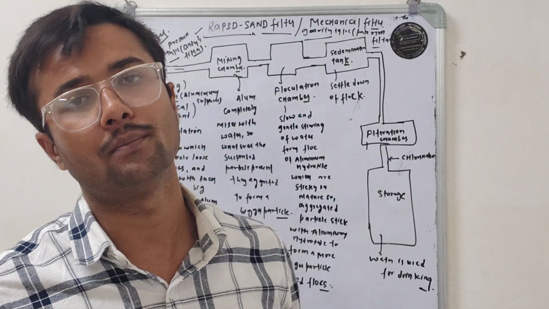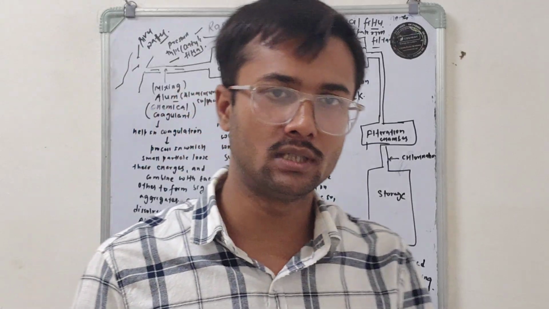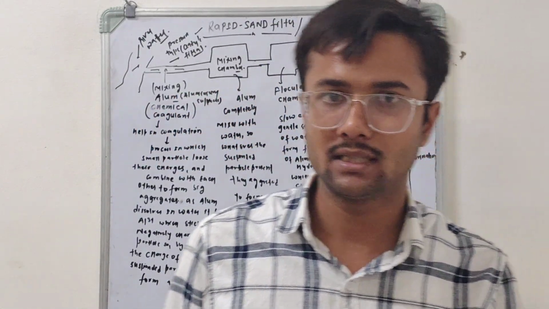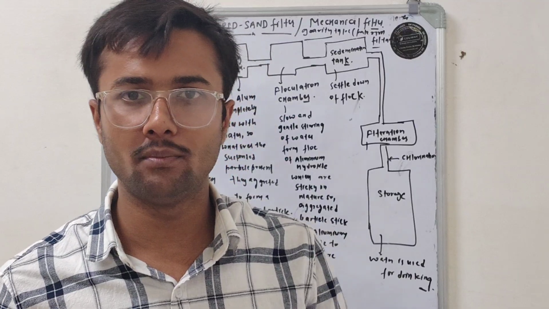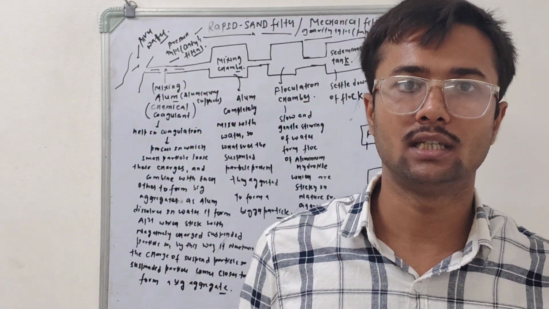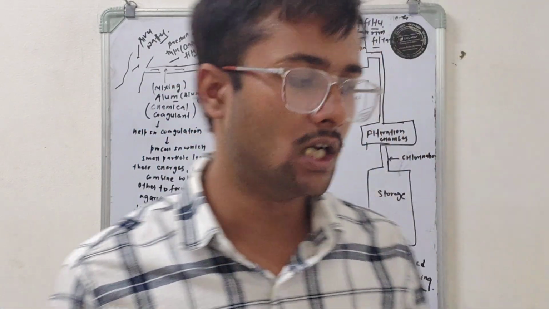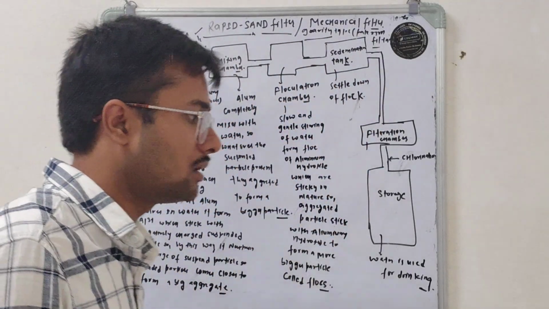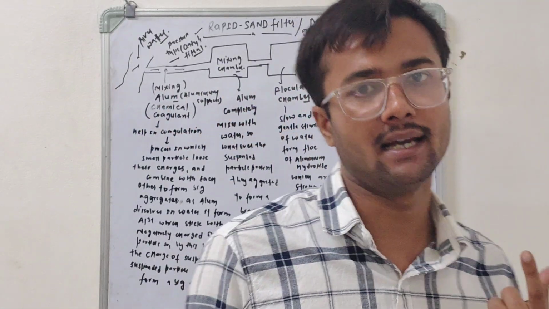So the overall purpose of adding alum into the river water is that we want these suspended particles to aggregate with each other to form bigger particles. For the purpose of aggregation of suspended particles, we add alum.